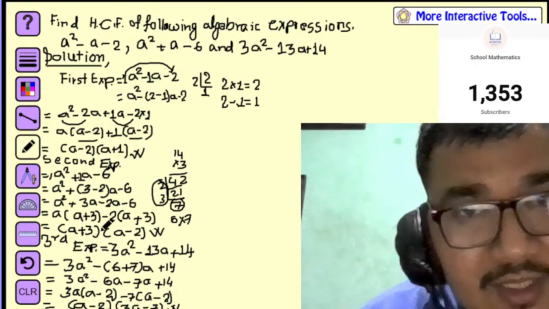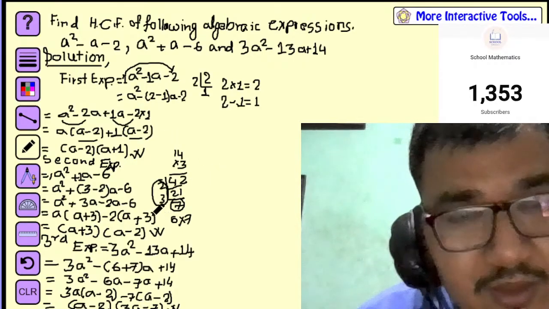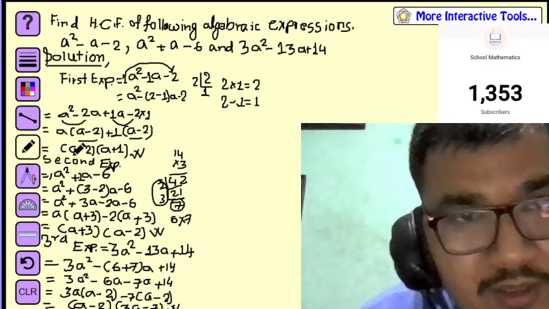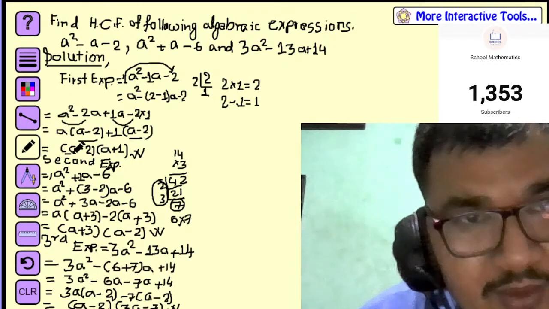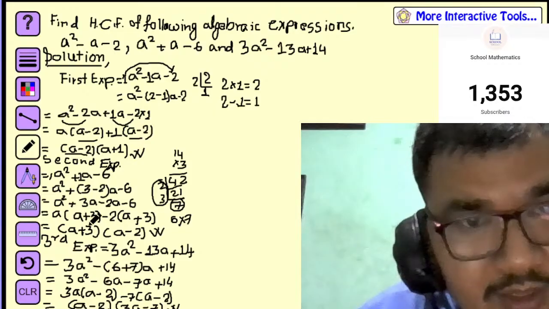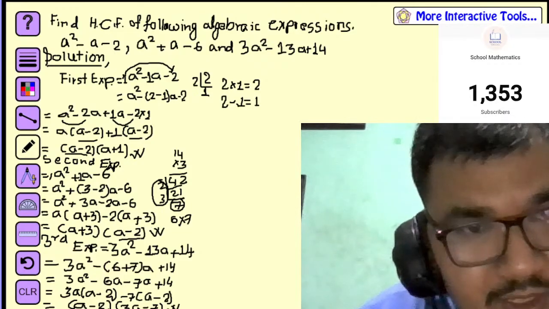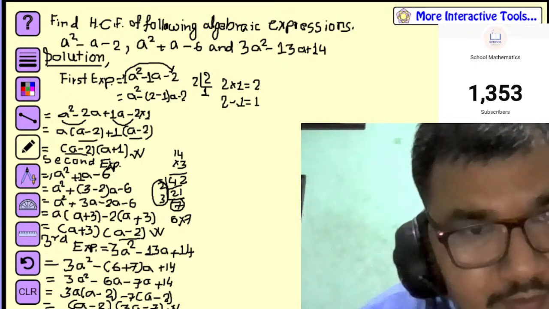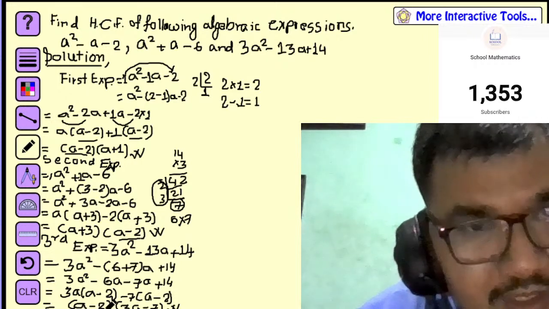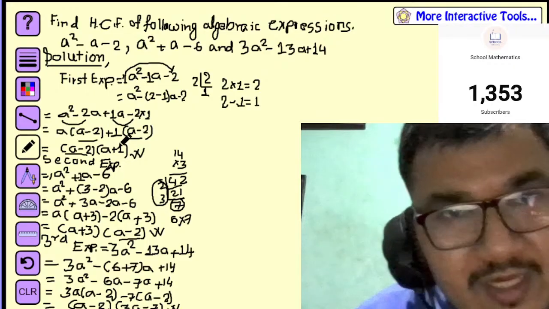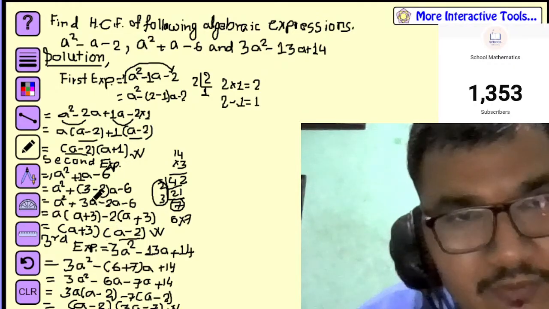In all the factorizations, one factor is the same: here there is a minus 2, here also a minus 2, and here also a minus 2.